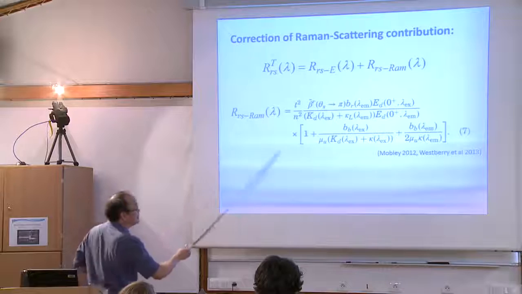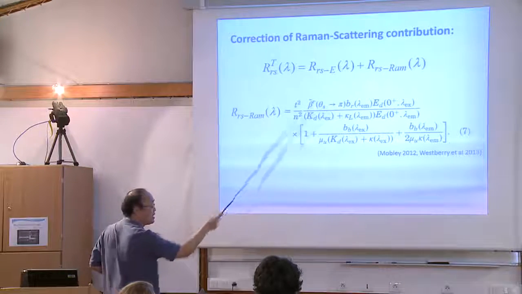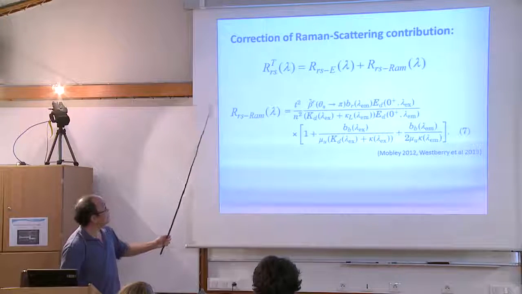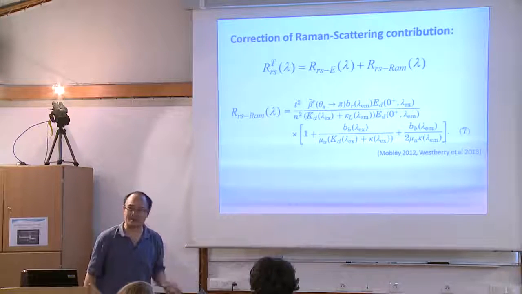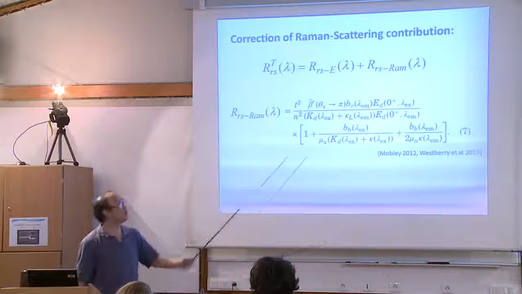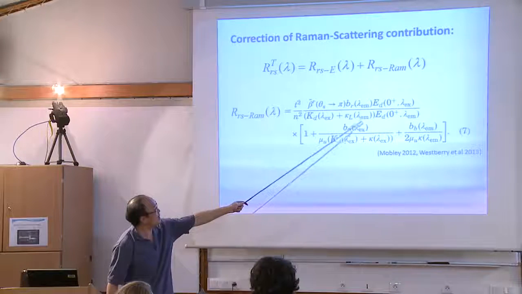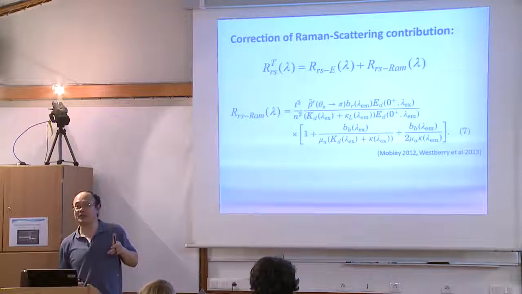And this term, if you check Kerr's book and Westberry's article, has this complex relationship. You see the Raman contribution also depends on the BB and A. So that says you have to know the IOPs in order to calculate this contribution. And you also have to know the Ed0+ at the excitation and the emission wavelengths to do the calculations.